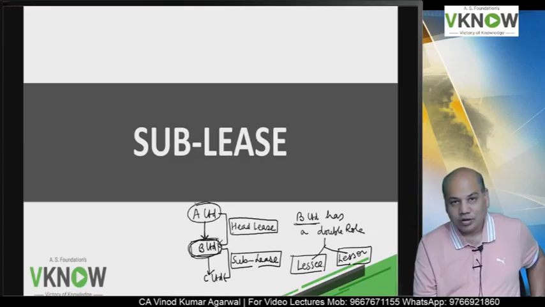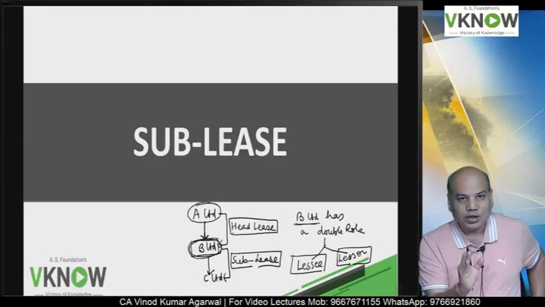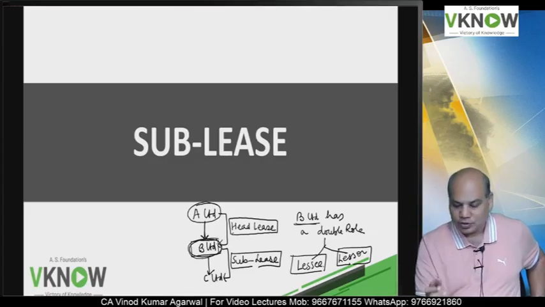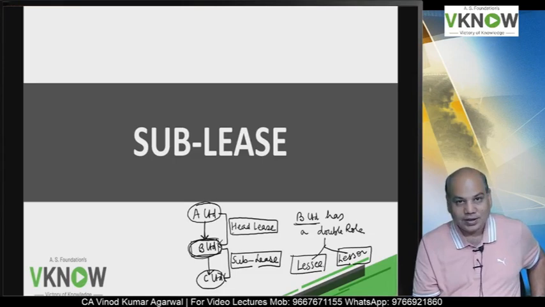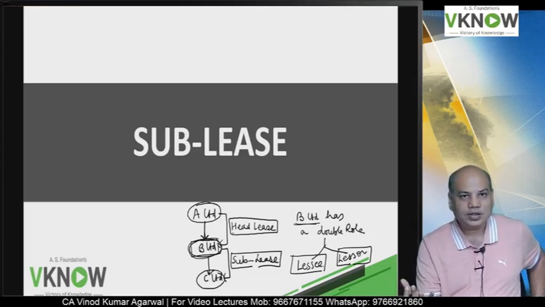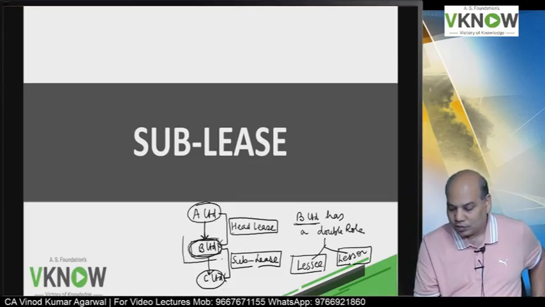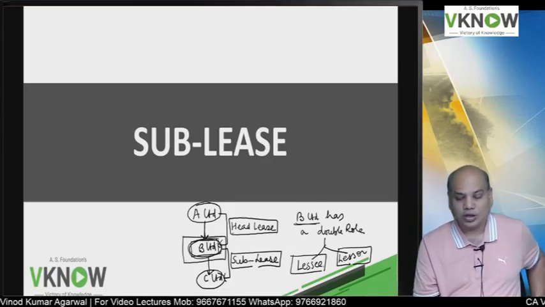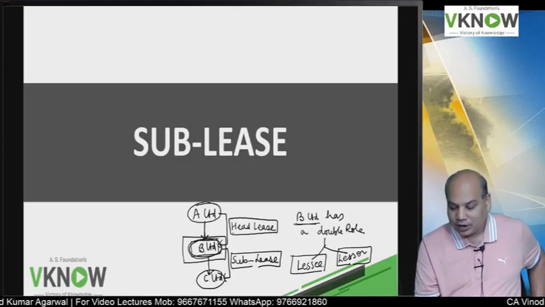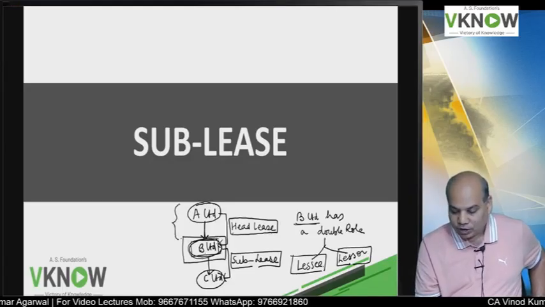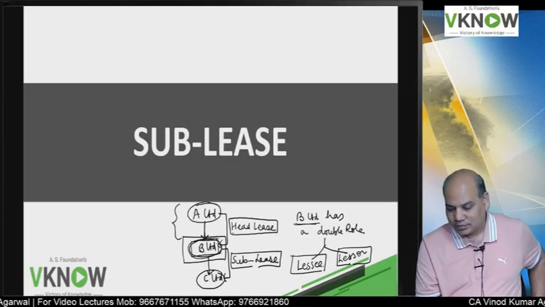A is a lessor. So whatever we have learnt for lessor, apply in the books of A. C is a lessee. As a lessee, whatever we have learnt in the last 3 days, 4 days, you have to apply. But you have to now learn how to do accounting in the books of B. That will depend on what kind of lease is that.